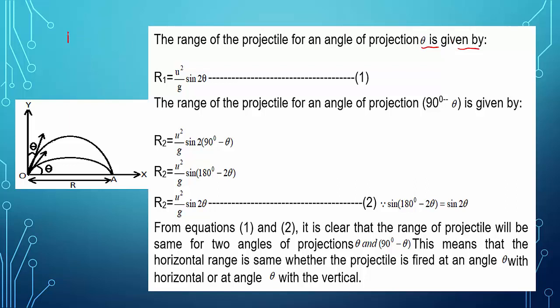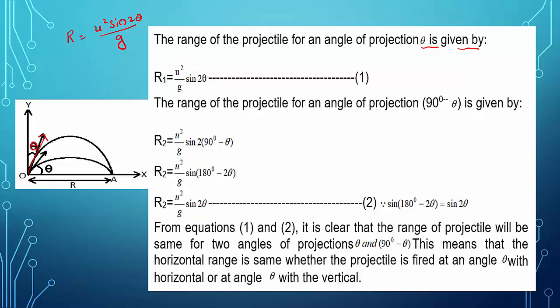It is generally given by the equation r equal to u square sine 2 theta divided by g. This is the equation for horizontal range. The same horizontal range equation I am using here, but for angle theta, and the second one is 90 minus theta. Right?